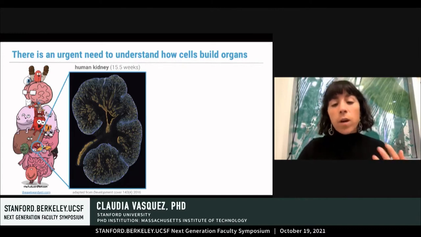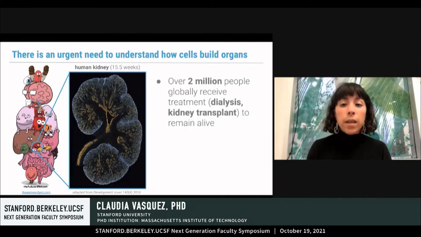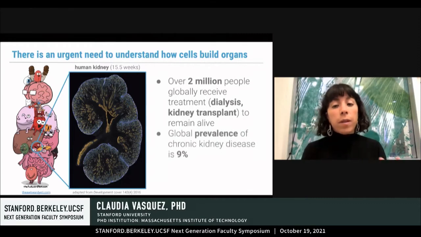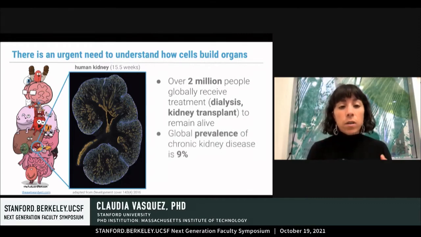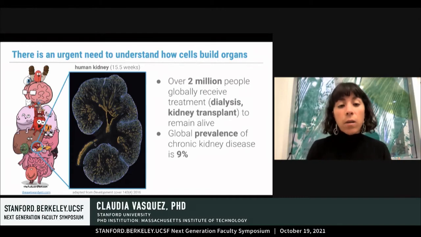And kidneys are one of the organs that often fail. And so over 2 million people need dialysis or kidney transplants to remain alive. And about 10% of the human population has chronic kidney disease. So there's a need to be able to understand, to build new kidneys or to be able to fix kidneys when they're misfunctioning. And to do that, we really need to understand how do cells build organs.